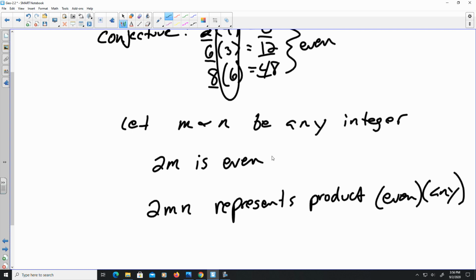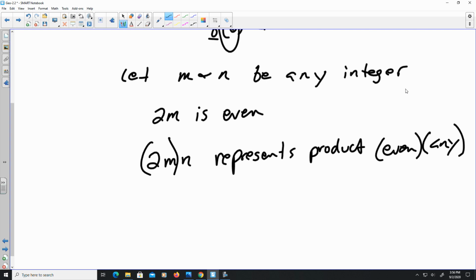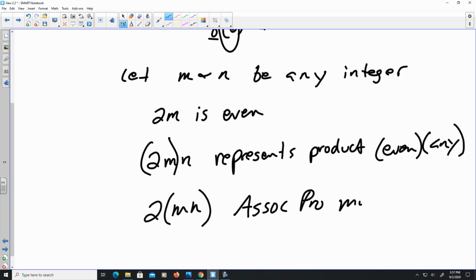So basically I can go like this. 2m is the even number, n is any integer. All right, now what I'm going to do is go 2 times the quantity of m times n. I can do that because of the associative property of multiplication, and that's an acceptable property using deductive reasoning.